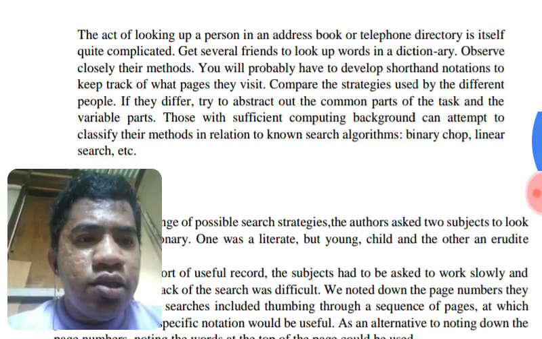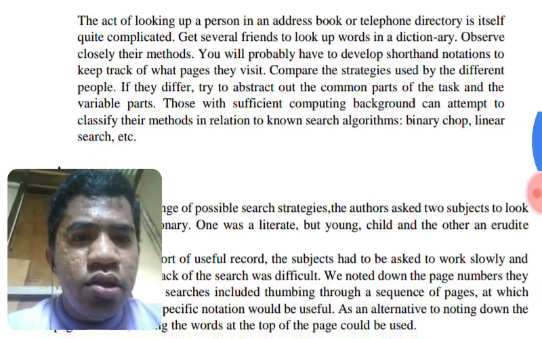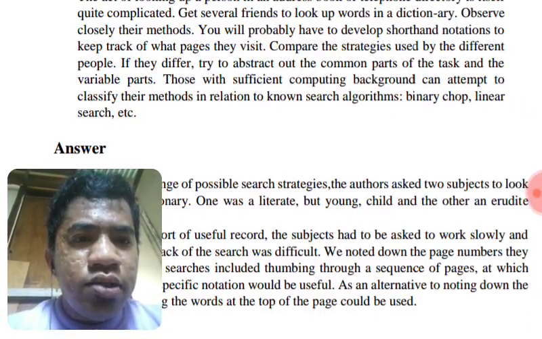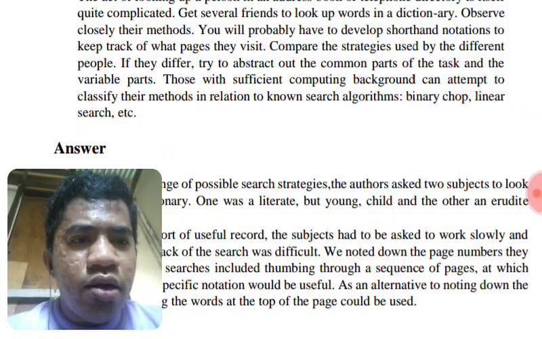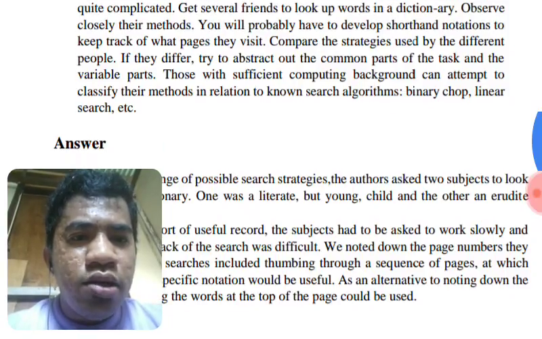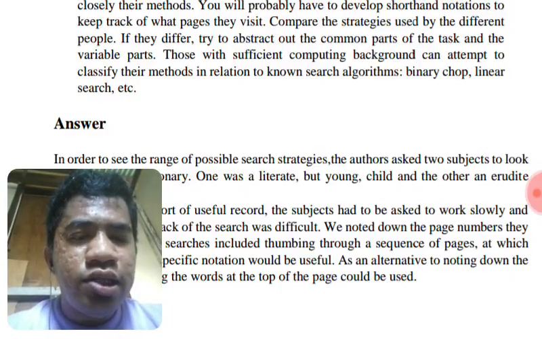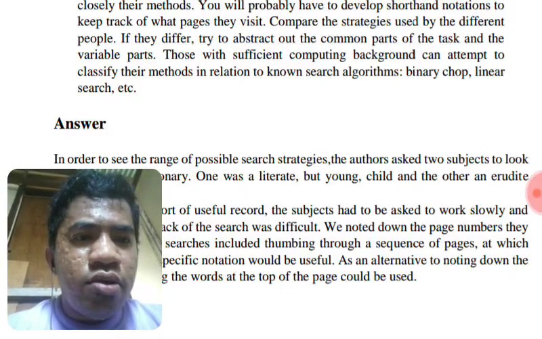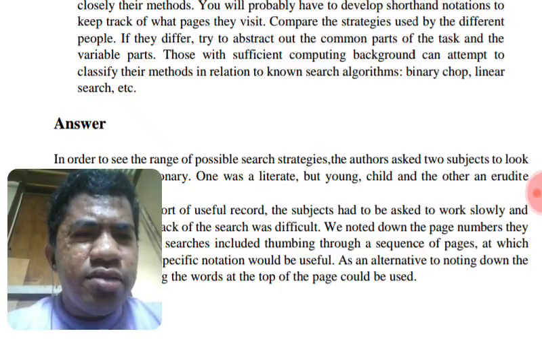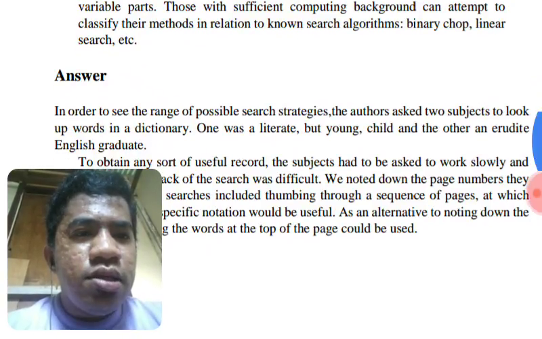Compare the strategies used by the different people. If they differ, try to abstract out the common part of the task and the variable part. Those with sufficient computing background can attempt to classify their methods in relation to known algorithms: binary chop, linear search.